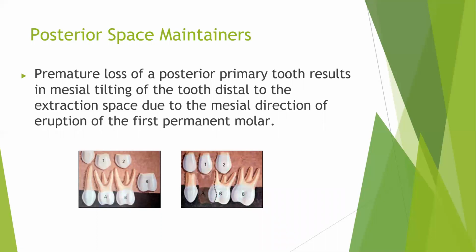The first primary molar has been removed, and nothing has been placed in its place to restrain the second primary molar from moving into that space. So what you have here is mesial migration of tooth B, as you see in that photo, causing some space loss.